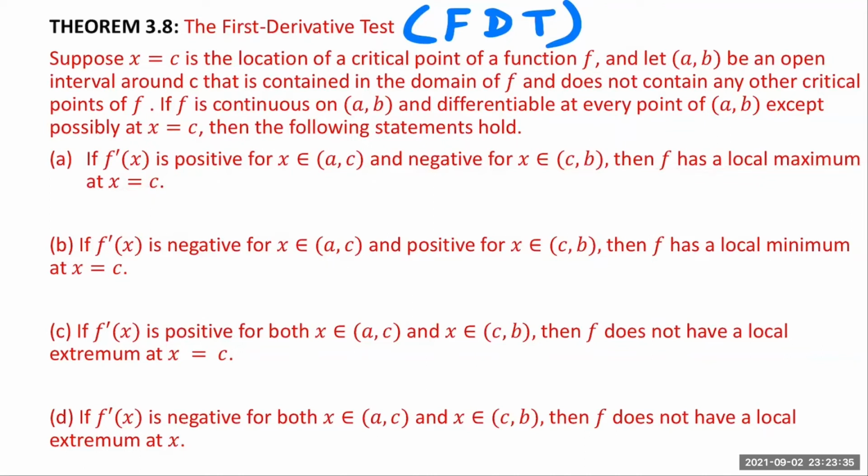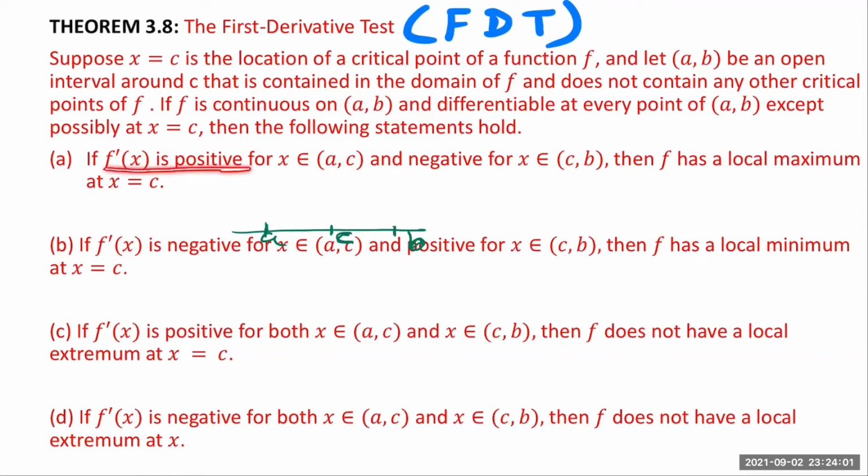We can easily understand this intuitively using graphs. What does this tell you? Let's say your A value is here. This is your A, this is your B. Somewhere between A and B, you have the value C. What does this tell you?